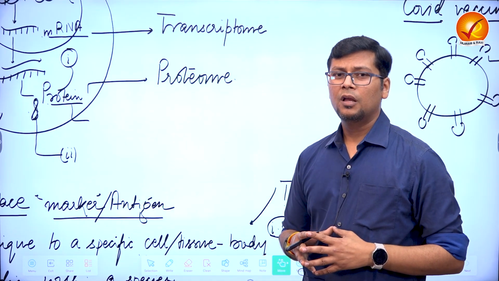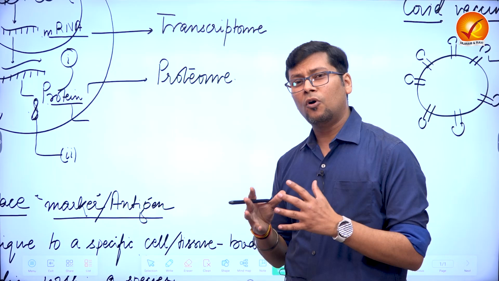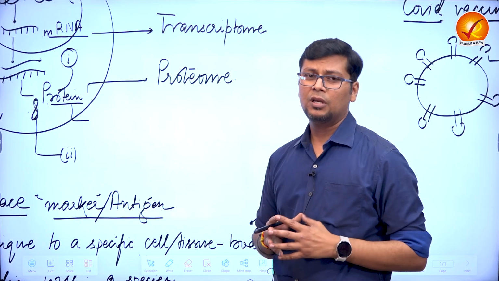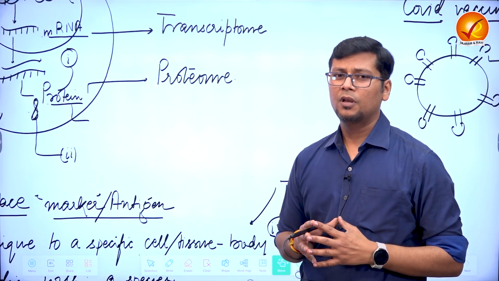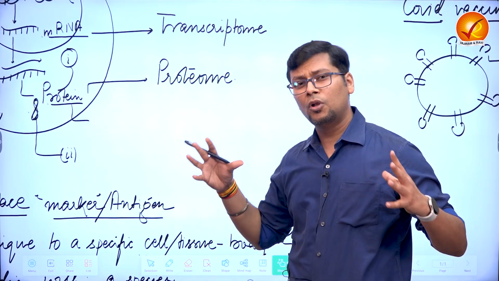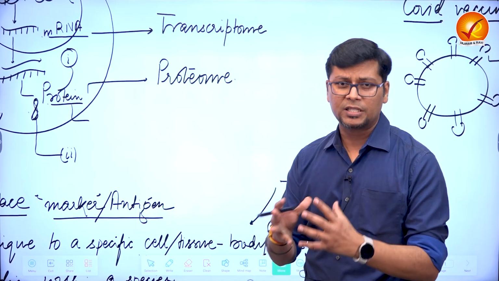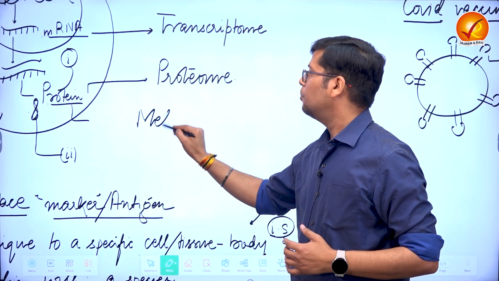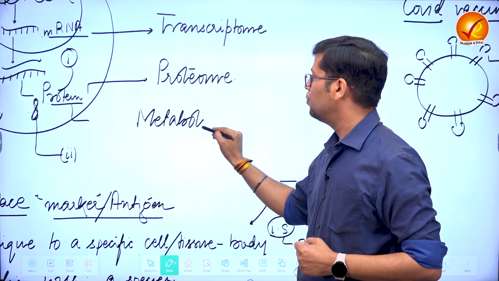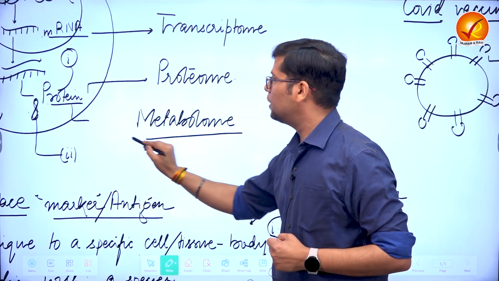Metabolism. The product of all these metabolic reactions can be called metabolites. And the sum total of all the products or metabolites can be called the metabolome. Remember these terms.